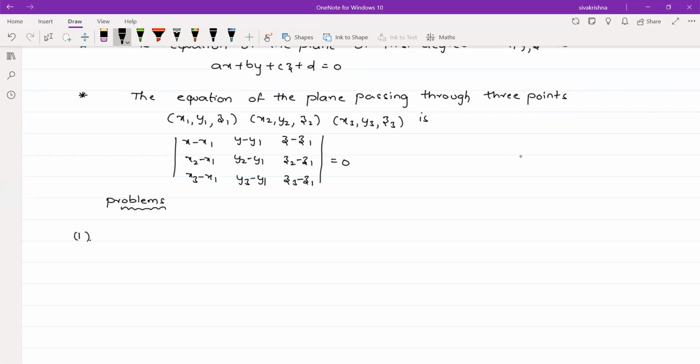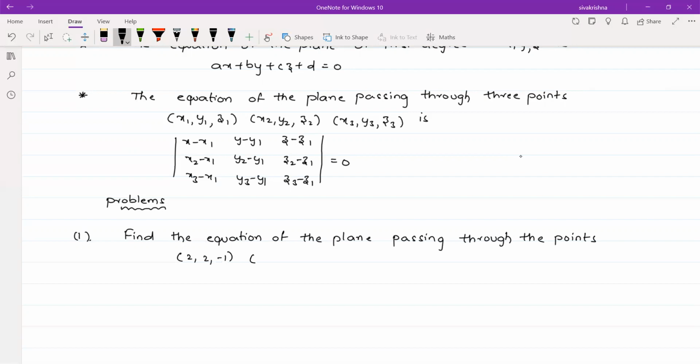The first problem: find the equation of the plane passing through the points 2, 2, minus 1; 3, 4, 2; and 7, 0, 6.